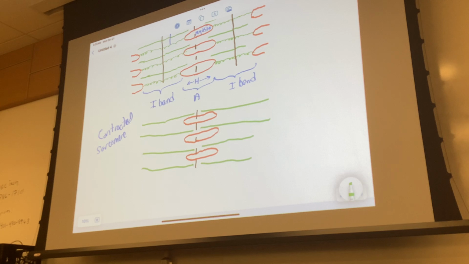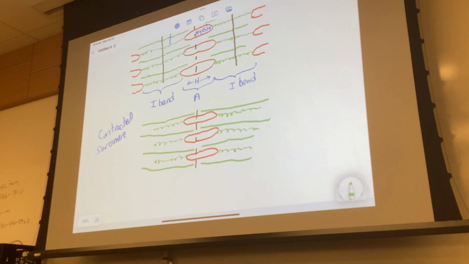So that zone of overlap has increased. There is still the titin that is present. So in other words, the entire physical structure of this is the same.